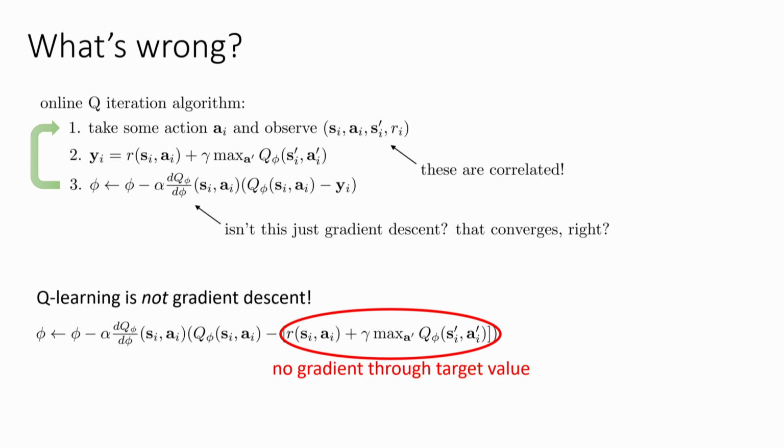So in regular SGD, SGD will converge if you're actually doing gradient descent and you draw samples IID from some distribution. These samples are most certainly not IID. Temporally sequential things are not IID if you actually have a sequential decision-making problem. So there are 2 major reasons why this is very much not gradient descent. And these 2 issues are things we can actually try to mitigate a little bit.